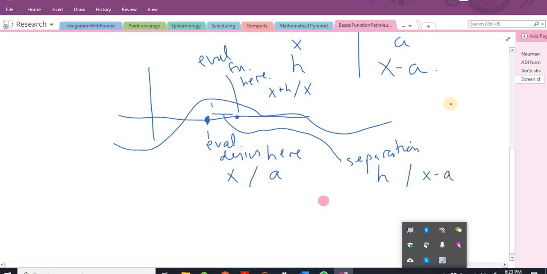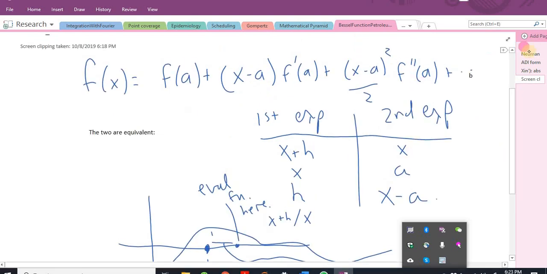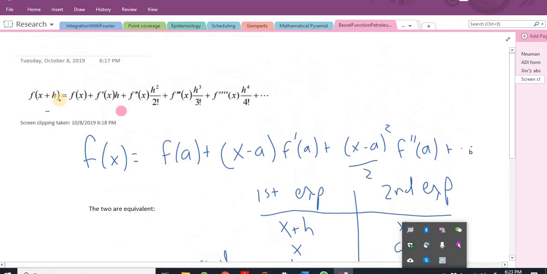So you can say that the first way of writing the equation is focusing on the starting point and the difference. You're starting at x, and h is your difference to the new point. The second way is focusing on two different points. You have the point where you're evaluating the derivatives and the point where you're evaluating the function.